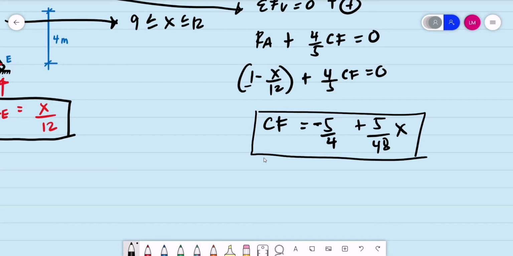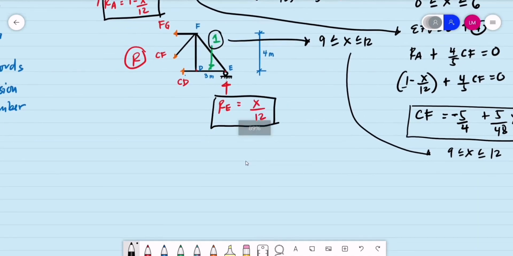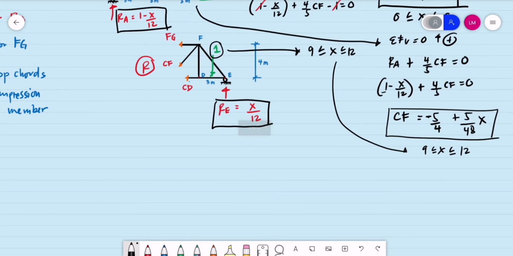For this interval, 9 is less than or equal to x, less than or equal to 12. Actually, we can also use this left side. I think we will be arriving with the same equation. Since the 1 unit load is already on this interval, we do the summation of forces vertical equal to 0.